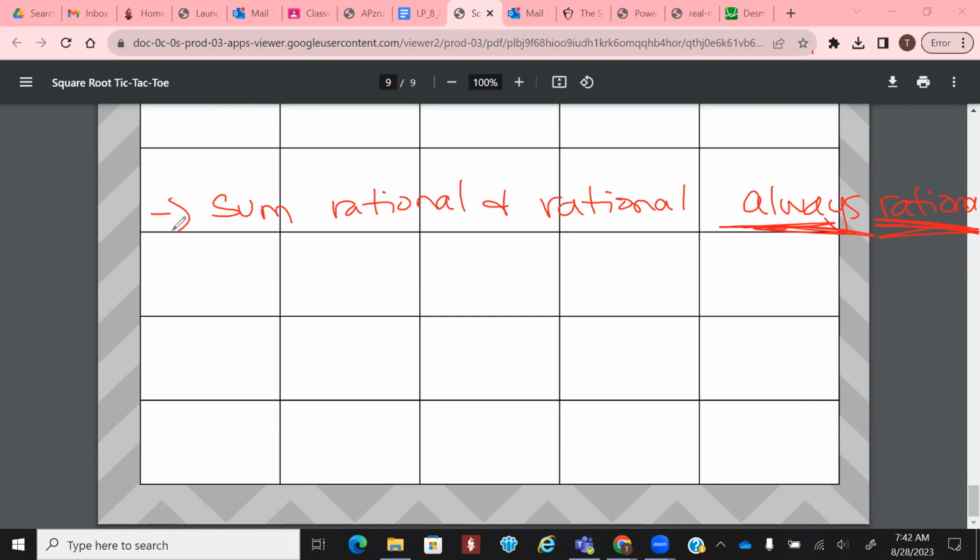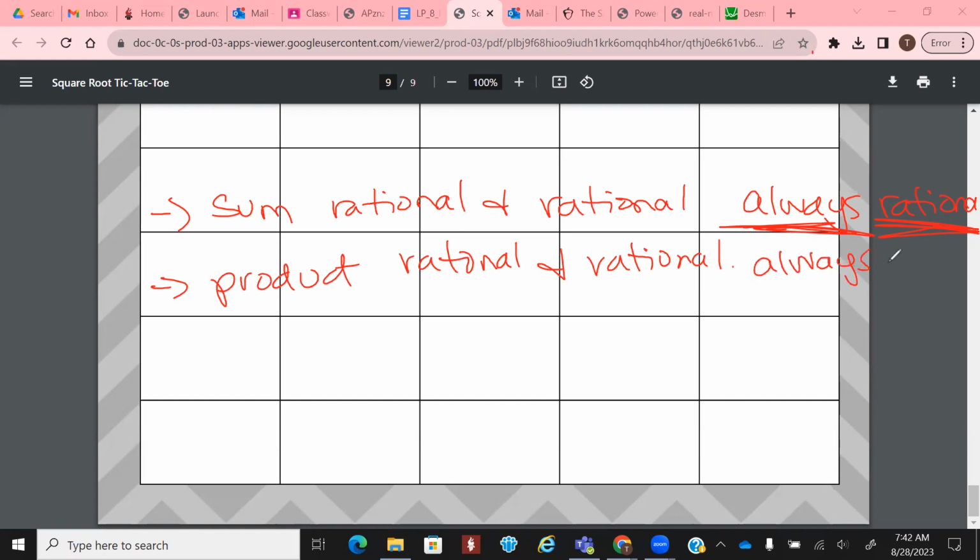That same document that you were just writing on. Down at the bottom, there are words. Then it says the product of a rational and irrational. Okay, that's always going to be rational.